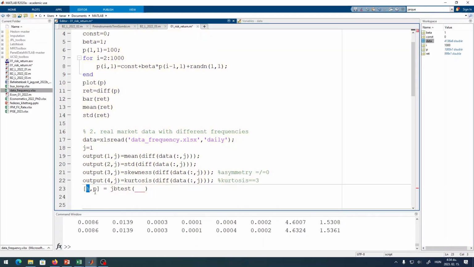Okay, just the first output is the hypothesis whether it's normal distribution or not, but the p-value what I'm looking for is the second one, so that's why it looks this stupid way.